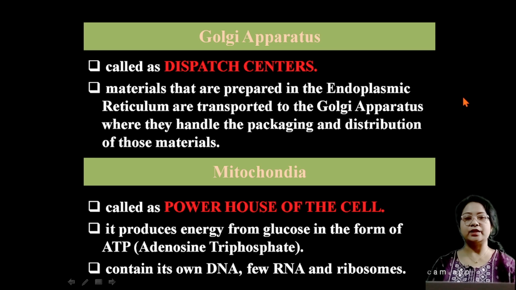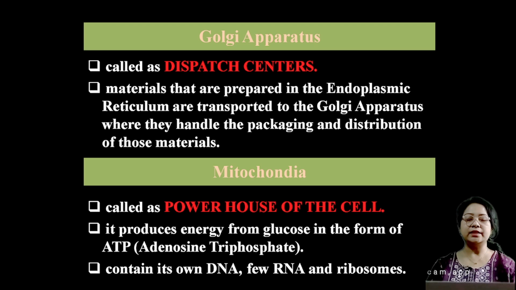Okay, then next comes the mitochondria. The mitochondria, as we have studied before, is also called the powerhouse of the cell. So why is it called powerhouse? Power means, in the sense, energy. And where does the energy come from?